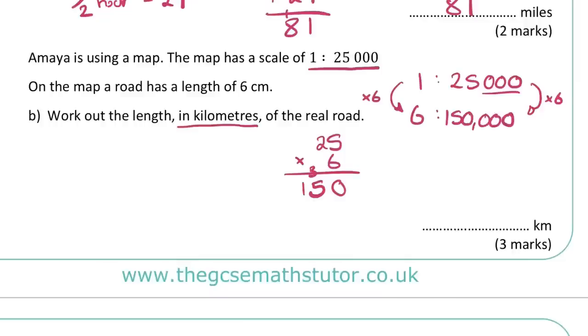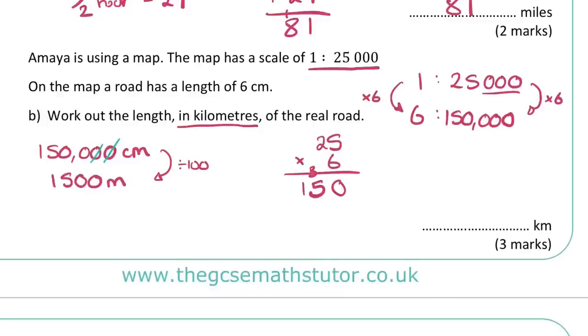Now it wants the distance in kilometres, so 150,000 centimetres, while there are 100 centimetres in 1 metre. So let's first turn it into metres. I'm not going to try and jump from centimetres straight to kilometres. So we'll divide by 100, which turns it into metres. That's just going to cancel off 2 of these zeros. So that is 1,500 metres.